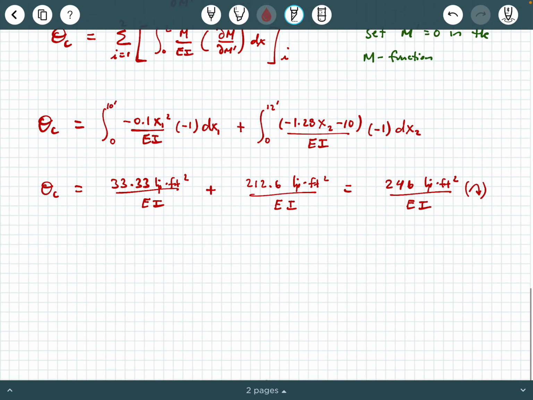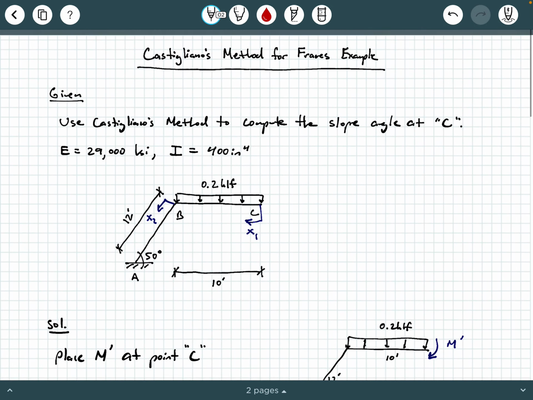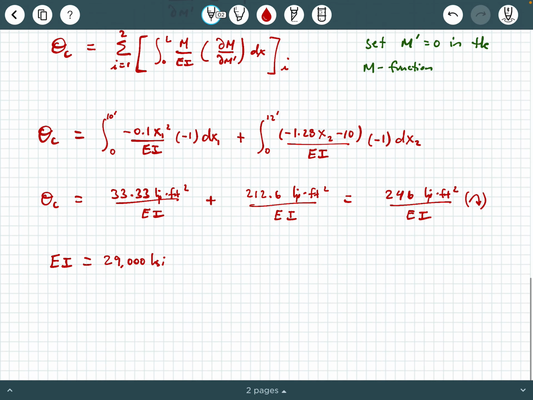Now we need to substitute in E and I, all right? So we're going to say EI, and we need to convert units accordingly, right? So we're going to say 29,000 ksi, and then I think I was, I'll have to scroll back up and remind myself, 400 inches to the fourth. Okay, so 400 inches to the fourth, and let's crank this through and see what we get.